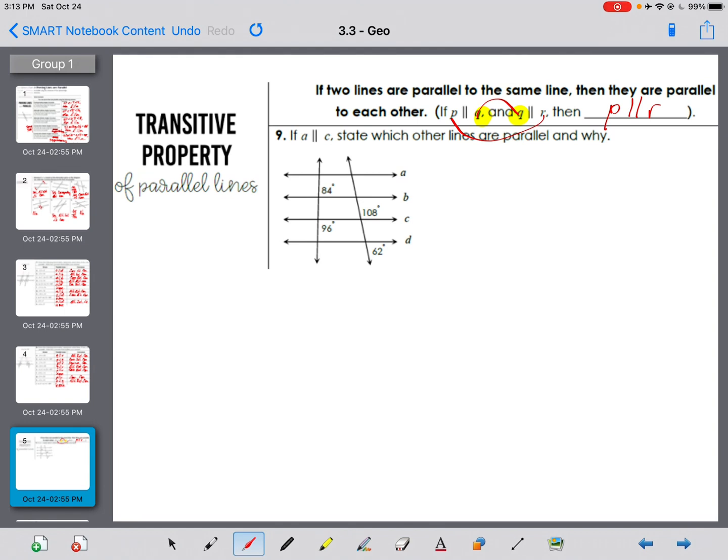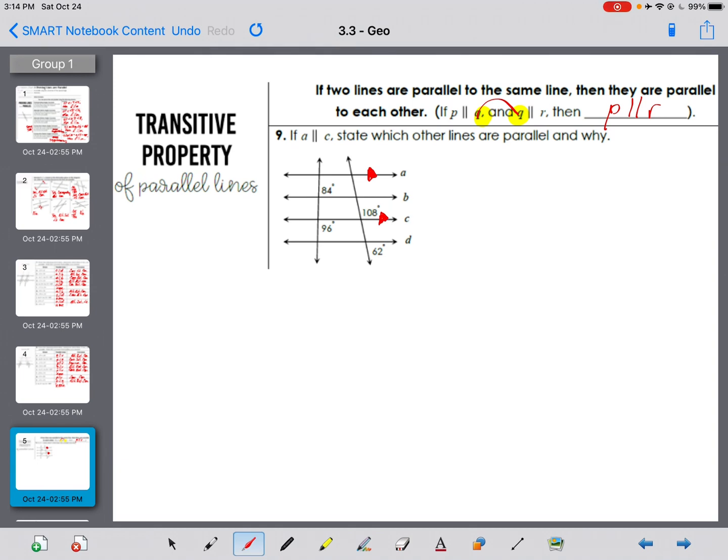So if A is parallel to C, then state which other lines are parallel and why. Okay? So we're saying A is parallel to C. So we can mark that. Okay, then what else do we know is parallel?